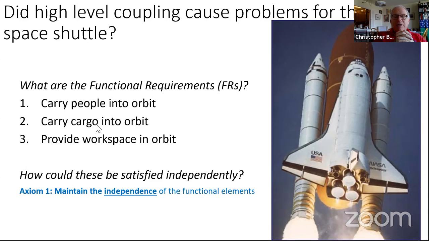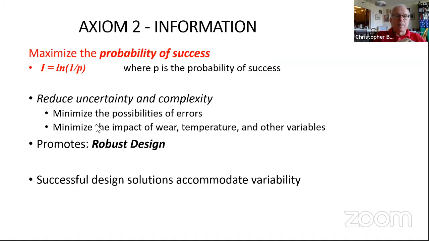NASA learned how to dock during Gemini. We docked before we went to the moon. We could easily have put people in a separate orbital space plane, and the cargo could have gone up separately, and the workspace could have gone up separately. And we know that because we have Skylab.